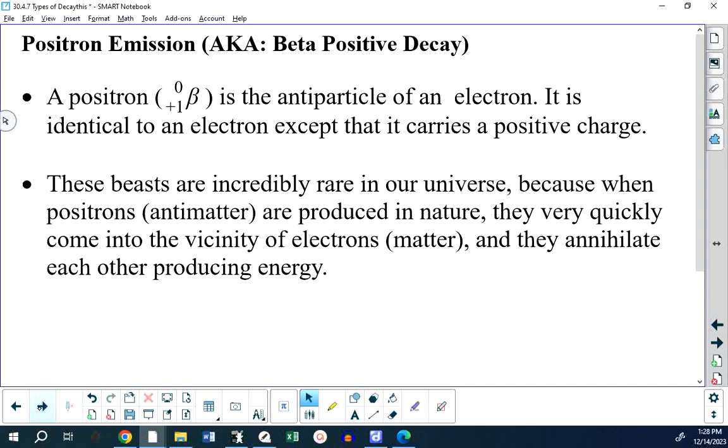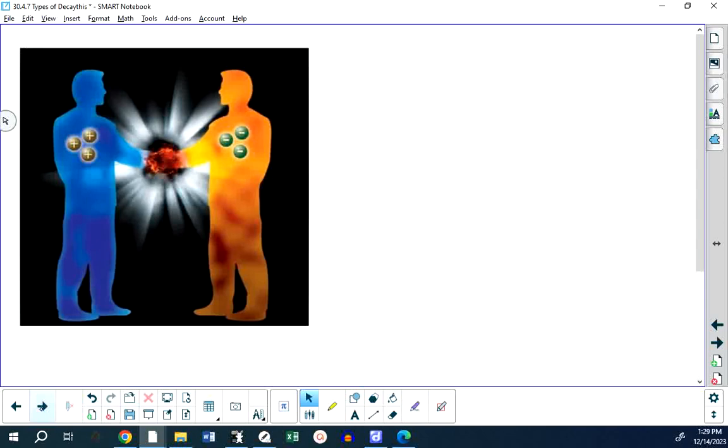They annihilate each other. Literally, it means they cease to exist, and energy is produced in its place, photon energy. And for each particle that makes up the object that touches an antiparticle of the other object, you get a photon. So if I have antimatter meeting matter, no more. That stuff doesn't exist anymore.